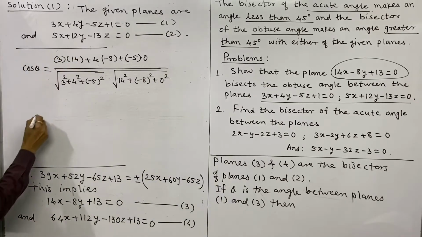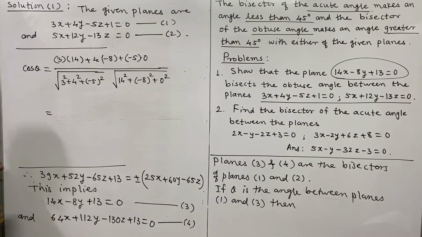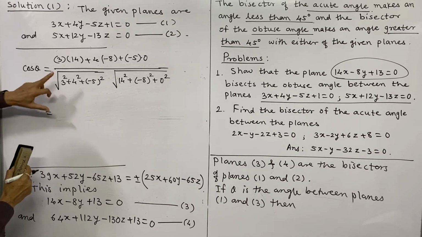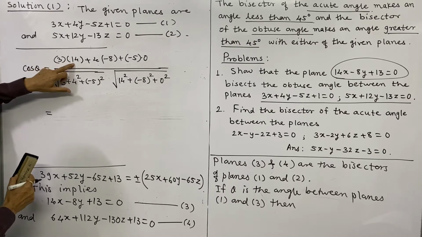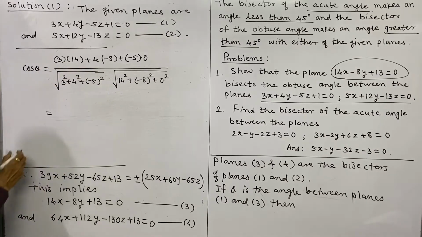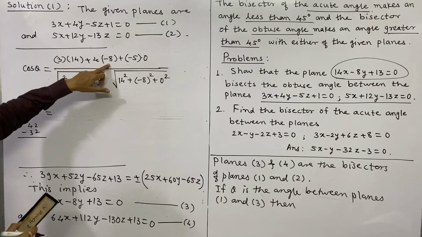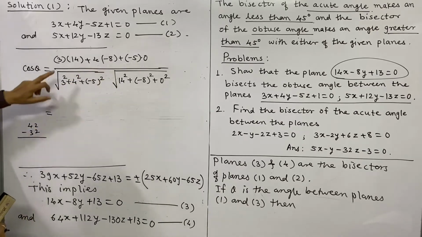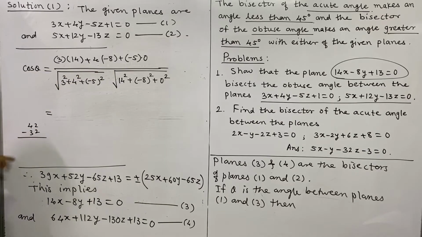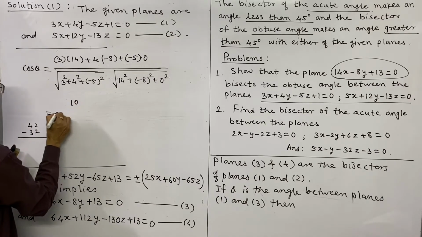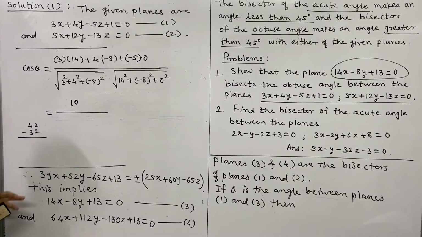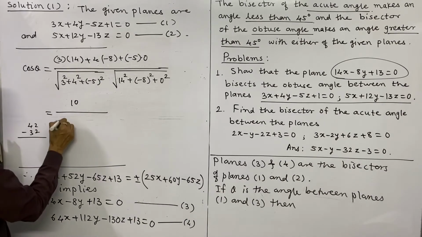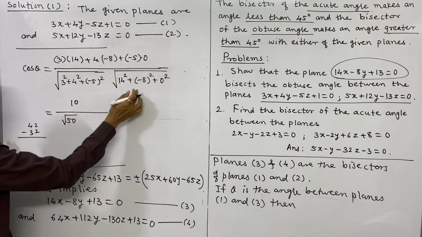This is cos theta we are obtaining, and now you see this will be 42 minus 32. This is 32, 4 into 8, and this is 42. So the numerator will be 10. And the first root is what we have earlier seen as 5 root 2, or root 50. And what about the other quantity?